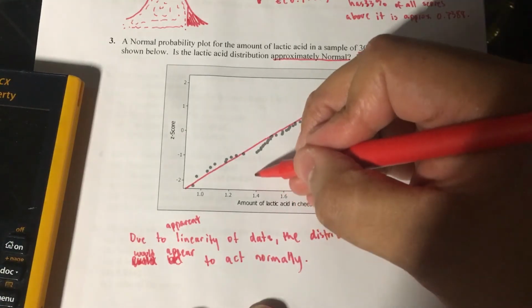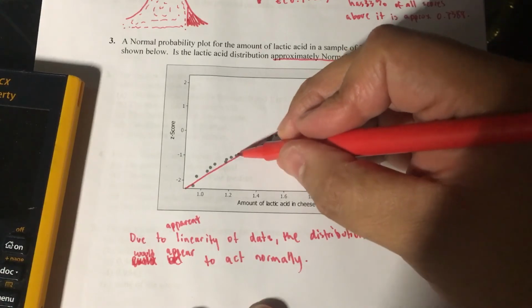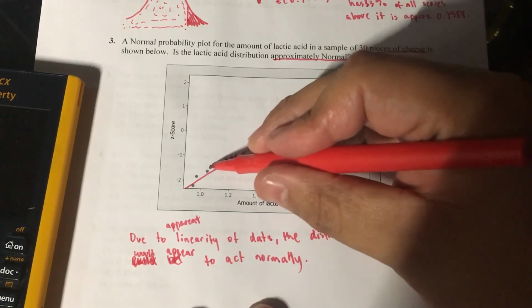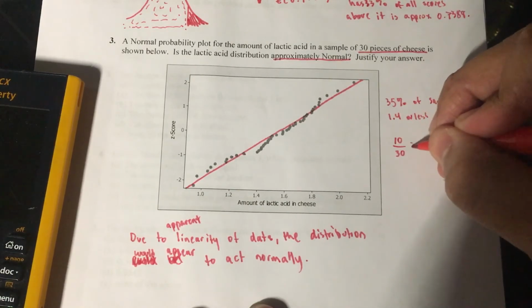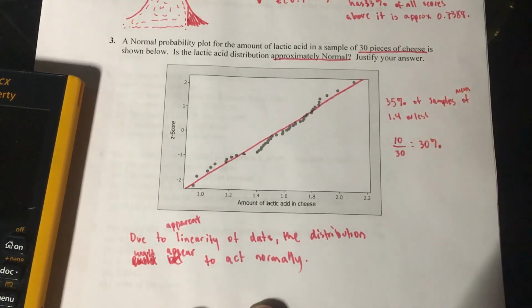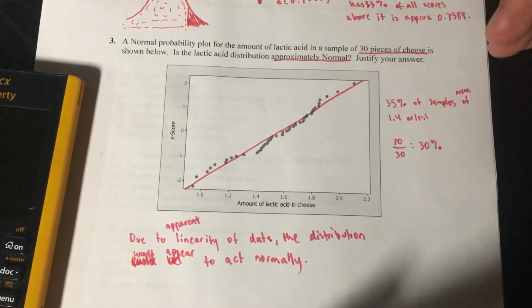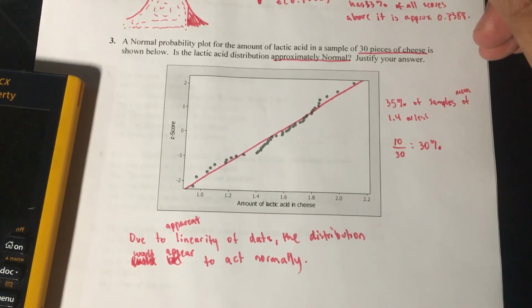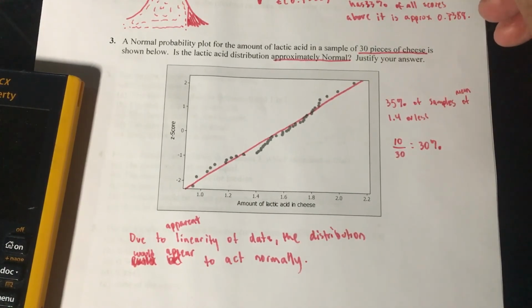Well, I would have looked over here. This looks like a 1.4, so I'm not going to count that. So I go 1, 2, 3, 4, 5, 6, 7, 8, 9, 10. So 10 out of the 30 samples is 30%. I guess it's kind of accurate. Maybe something on the test wouldn't be so obvious, but here it's fairly accurate, so I could say, okay, that sounds about right.